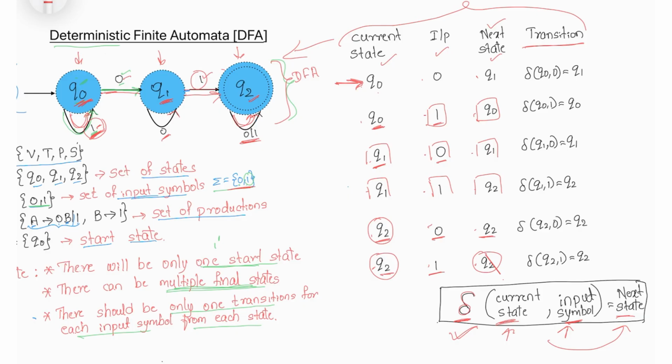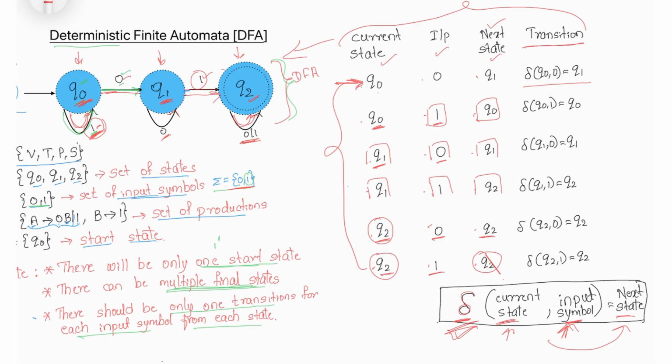Now comes how to represent this transition with the delta function. So our formula for the delta function is: first the current state, then the input symbol which we are passing, then the next state where it is moving after accepting this input symbol. In the same pattern we have represented here.